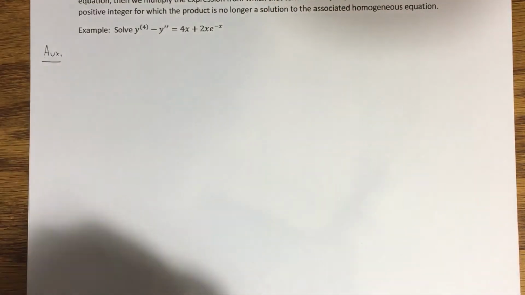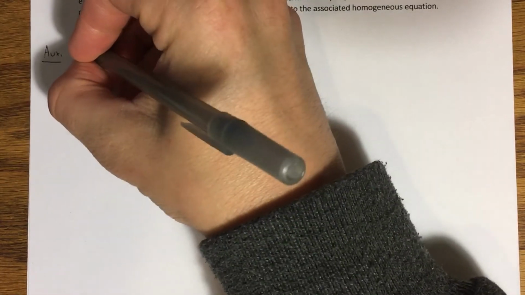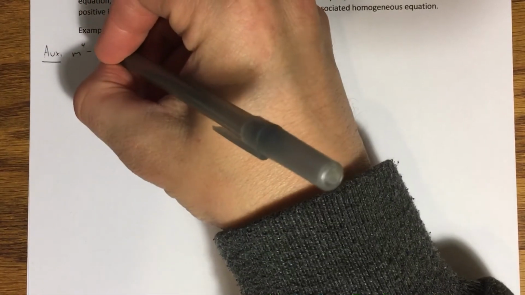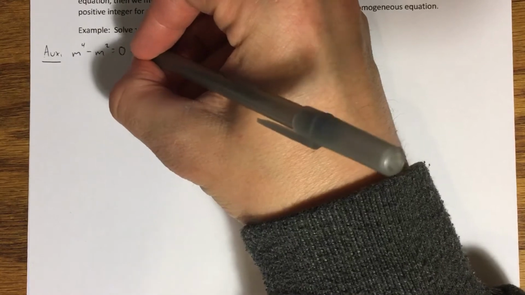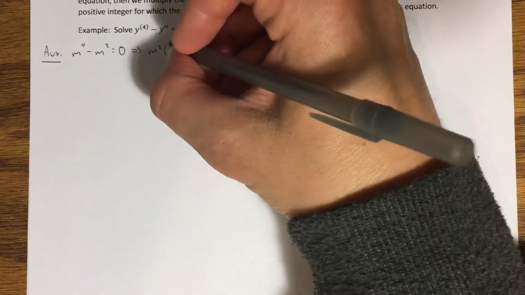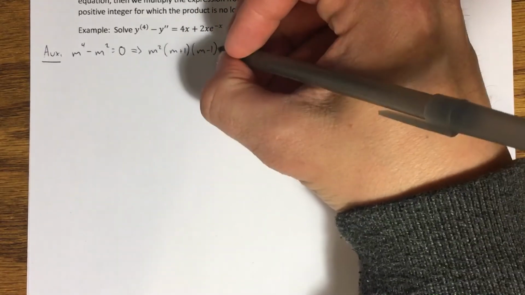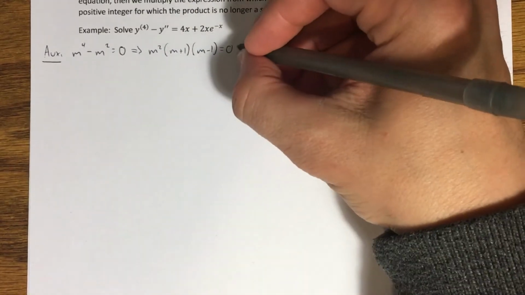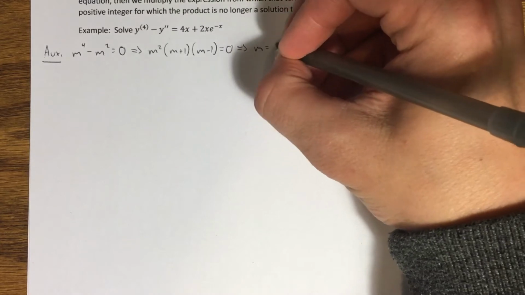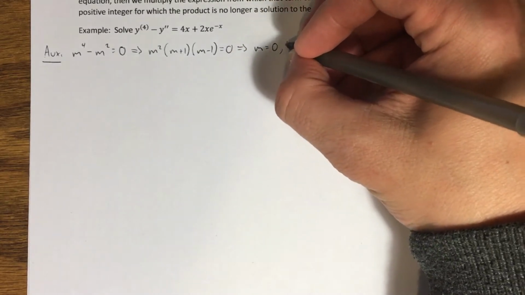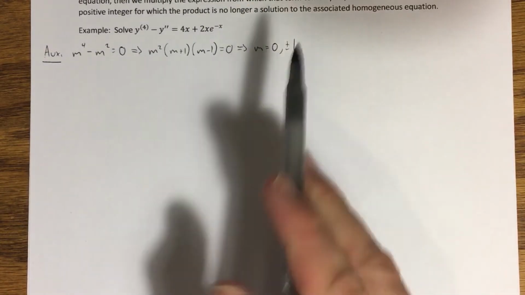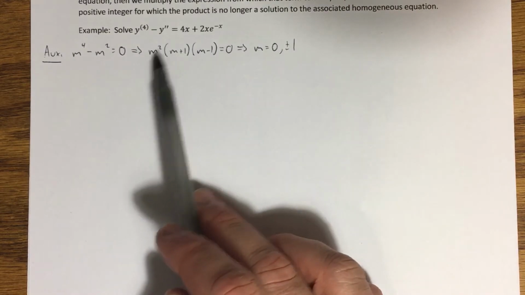The auxiliary equation in this case is going to be m to the fourth minus m squared equals 0. That factors to m squared times m plus 1, m minus 1 equals 0. And of course, we end up with solutions m equals 0 plus or minus 1. So those three solutions. 0 has a multiplicity of 2.